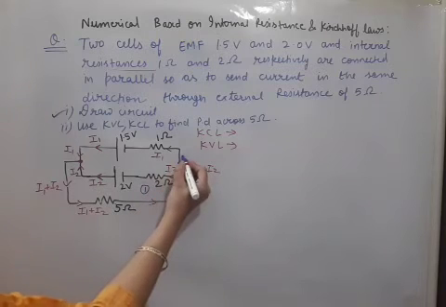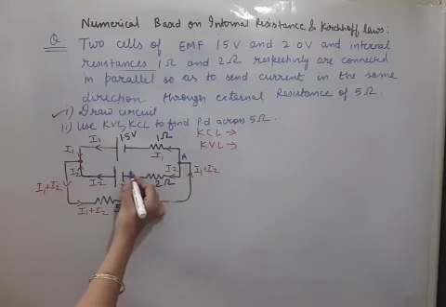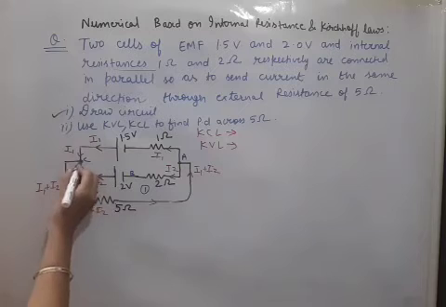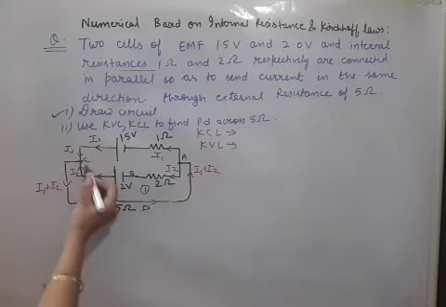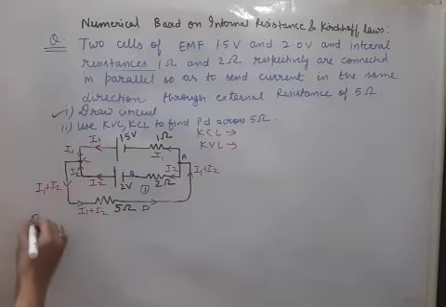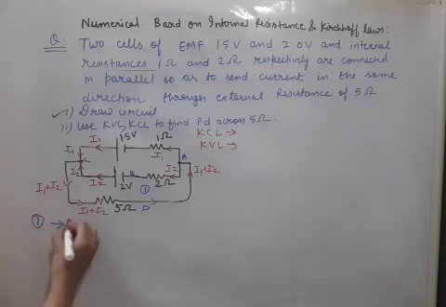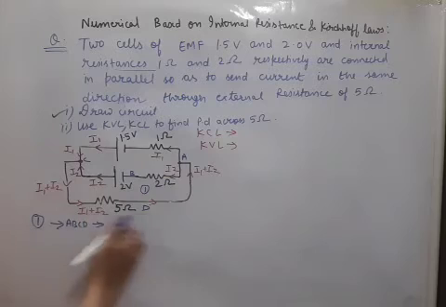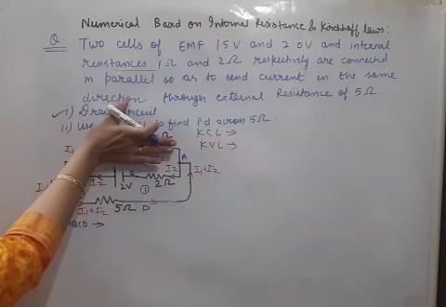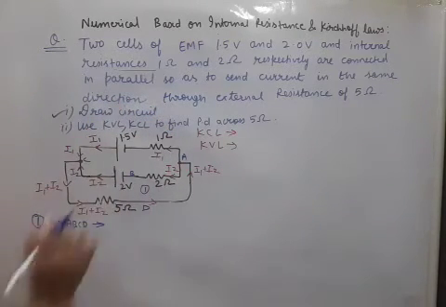We can name it also like A, B, C, D. We can name it, the path is ABCD path. Okay, so our loop number first is ABCD path. ABCD means this lower part. You have to hide the second cell and you have to apply the equation here.